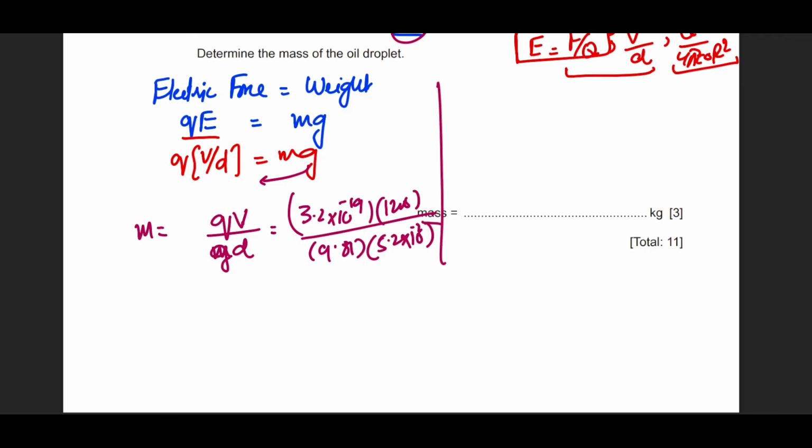When you calculate all of this, m comes out as 7.5 into 10 raised to the minus 16.